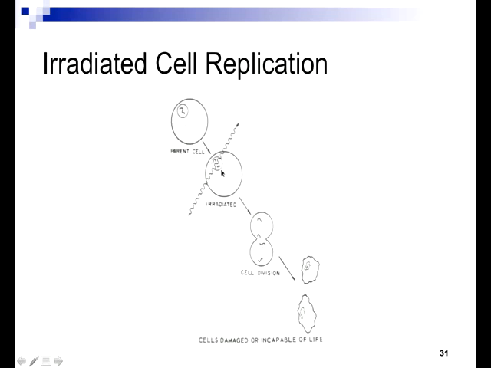Something is going to occur that prevents the parent cell from replicating properly. And at the end of the process, what you have are cells that aren't like the parent cell. They're either damaged, they're dead, or they're incapable of reproducing properly. So you have the cellular replication process that has been undermined by ionizing radiation, and I'll get into some details of that in a couple of minutes.